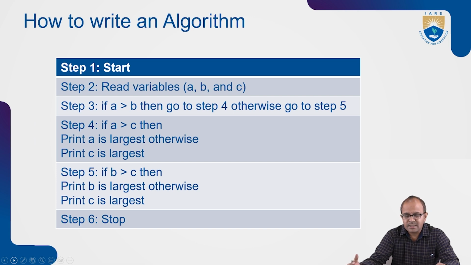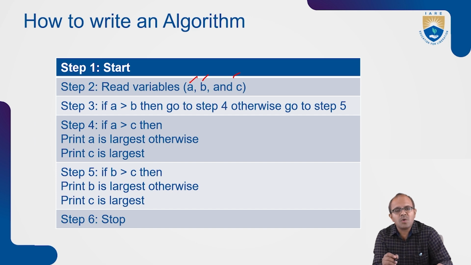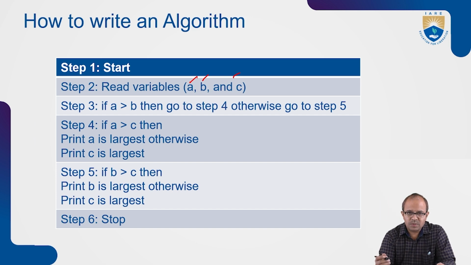Now the problem is, we need to choose the maximum value among the three values, which are some integer values. So first we need to read the variables. Let us say the variables are A, B, C. The three variables hold a specific integer value. First read these variables.